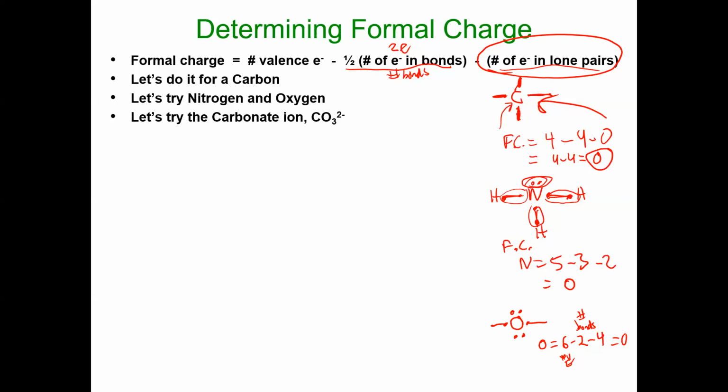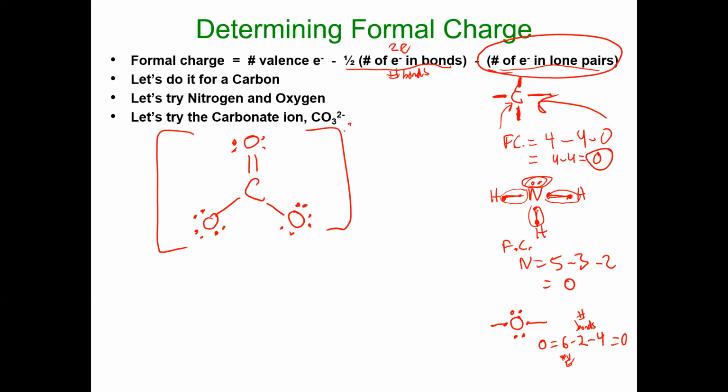And what do I mean? Let's look at carbonate. We saw that in the Lewis dot structure video, where I have resonance. Right off the bat, we know this is carbonate. It has a 2 negative charge.